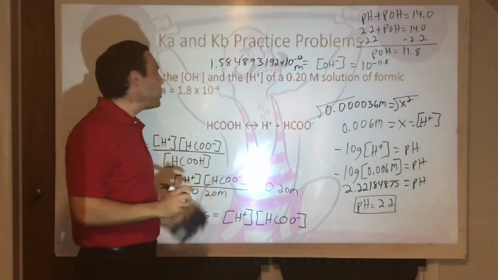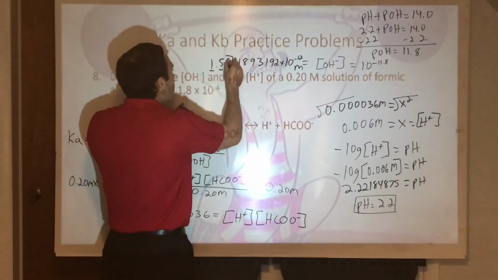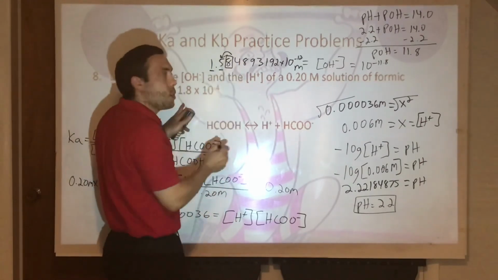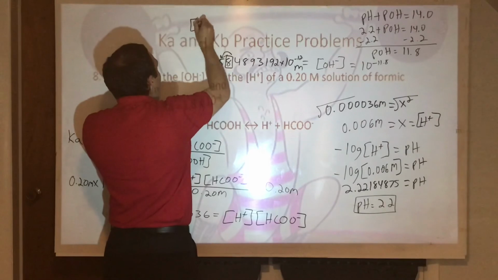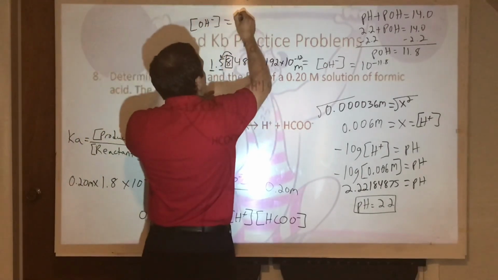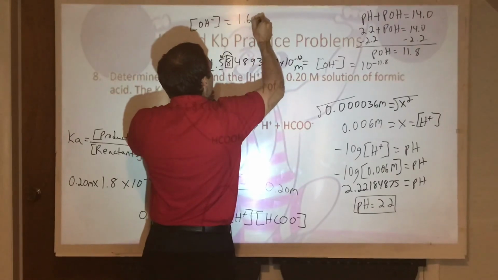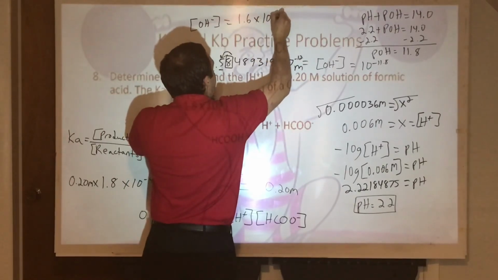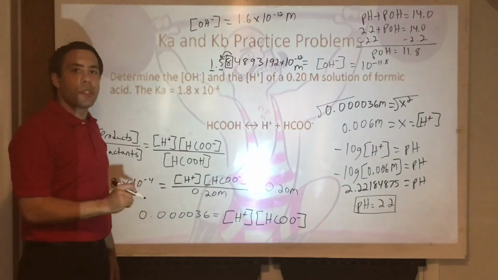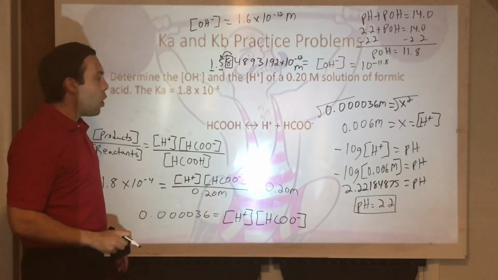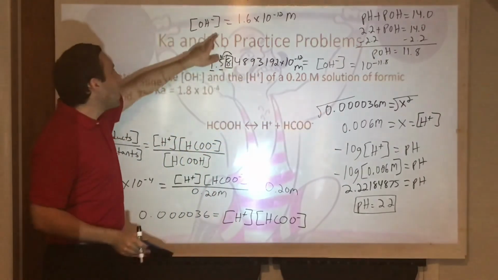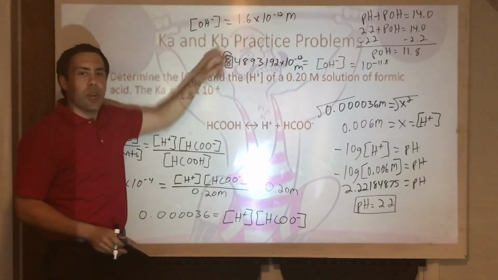Once again, we do two significant figures. 8 is higher than 5, so that 5 rounds up to a 6. So our OH minus ion concentration is going to equal 1.6 times 10 to the negative 12 molar. Of course, this is an acid, so the hydrogen ion concentration is going to be much higher than the hydroxide ion concentration.